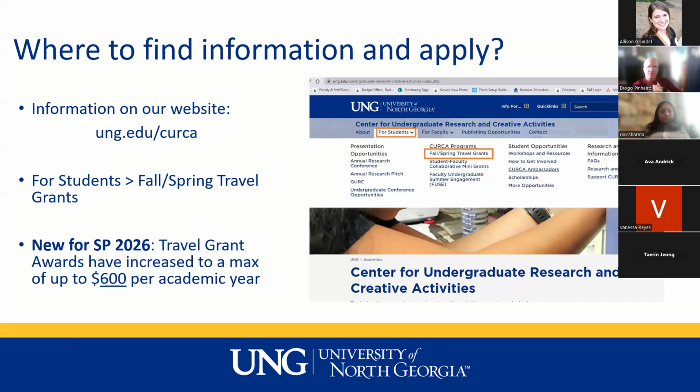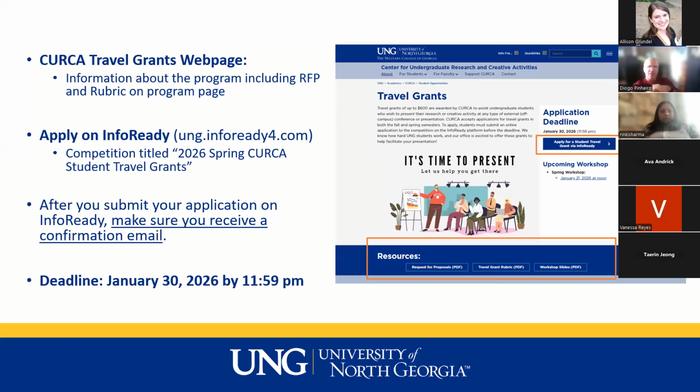On the CURCA Travel Grants webpage, on the right-hand side, you're going to have the link to the InfoReady page, ung.infoready4.com, which is the place where you're going to submit all your materials for the travel grant, right? It is the page where most UNG competitions are hosted. If you go there, you search for the 2026 Spring CURCA Student Travel Grants, and you will find the information there.